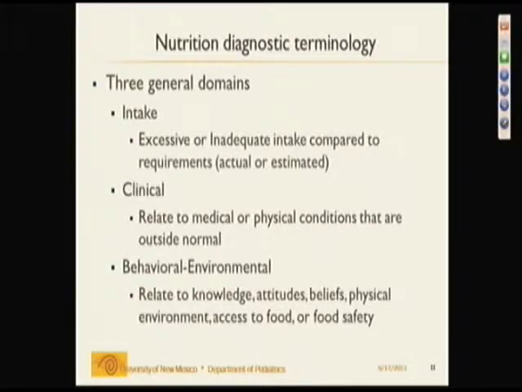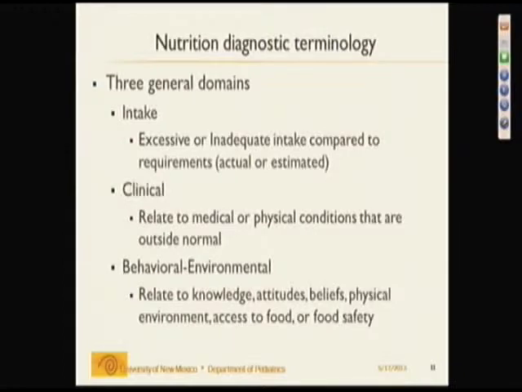But there are 3 general domains. One is the intake, and that has to do with excessive or inadequate intake compared to requirements that are either actual or estimated. And this is the realm where nutrition professionals are the best suited to manage issues and problems. Clinical relates to medical or physical conditions that are outside, again, that actual or that normal or typical when compared to those standards in an assessment.